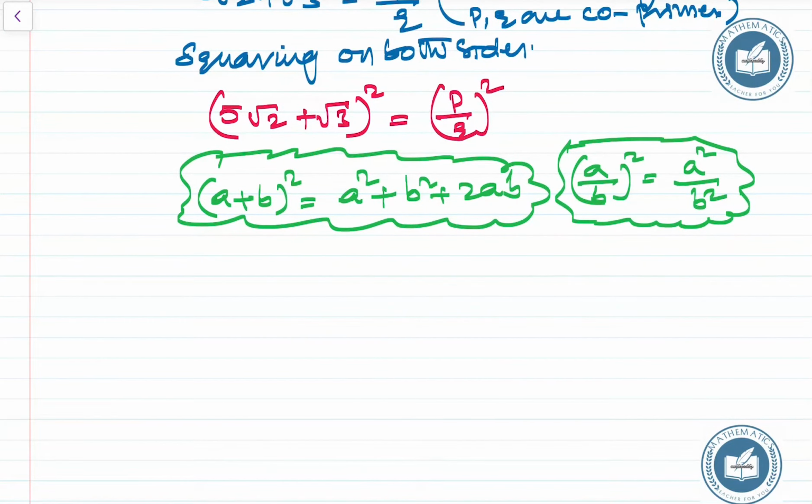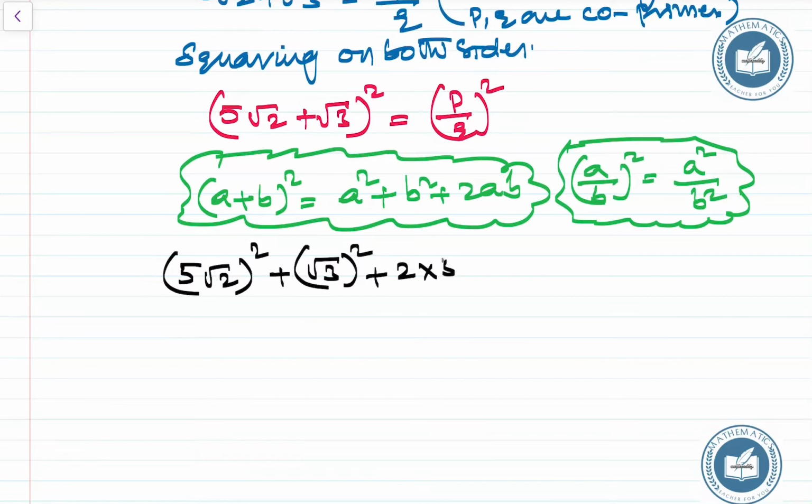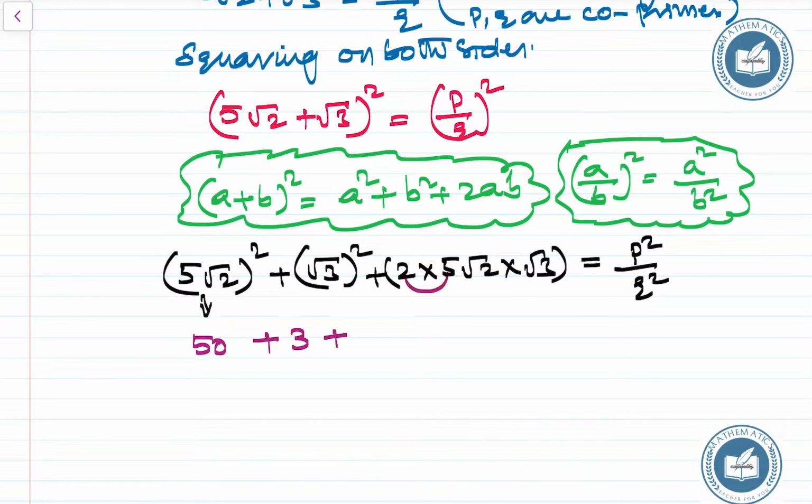So now you can write 5 root 2 whole square, this is a square, root 3 whole square, this is b square, plus 2 times 5 root 2 times root 3, this is the 2ab, equal to p square upon q square. 5 root 2 whole square: 5 square means 25, root 2 whole square is 2, so 25 times 2 is 50. Similarly, root 3 whole square is 3, plus 2 times 5 is 10, and root 2 times root 3 is root 6.